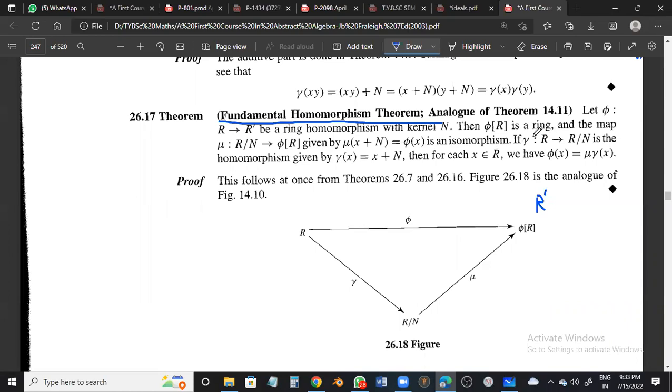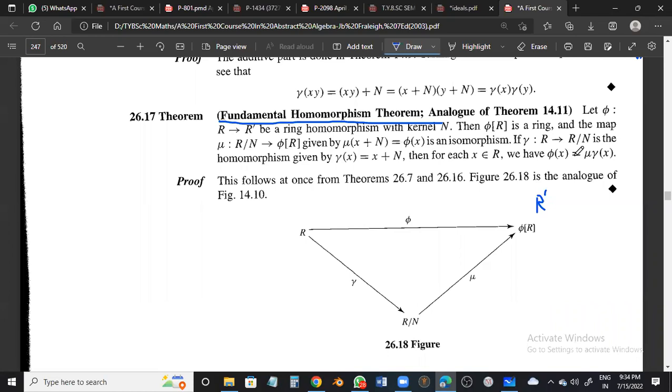Now, if gamma from R to R by N is a homomorphism given by gamma of X going to X plus N, then for each X in R, this phi of X is nothing but mu gamma of X. So this is the very fundamental theorem. We are not going to prove it, but I think you got the meaning of what we said.